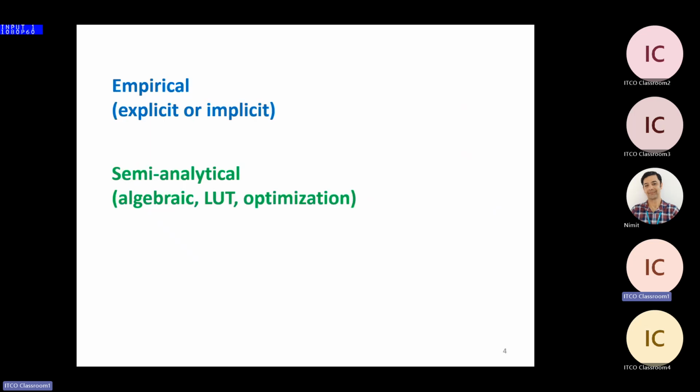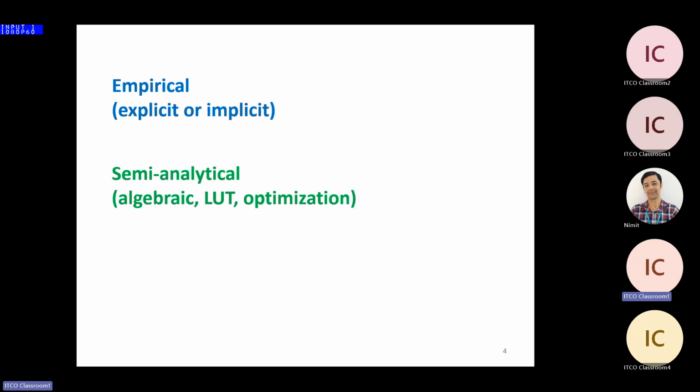There have been many algorithms in the literature developed in the past decades. We can divide them into two big groups. One is called empirical, another called semi-analytical. For empirical, we can also separate that as explicit or implicit.